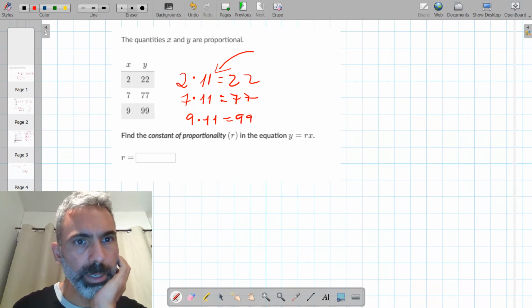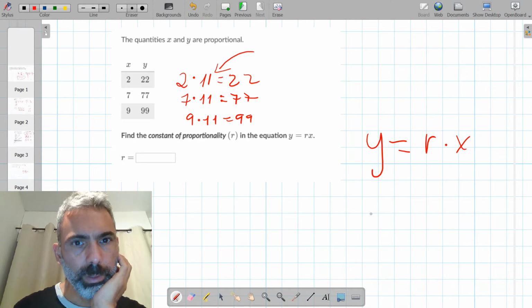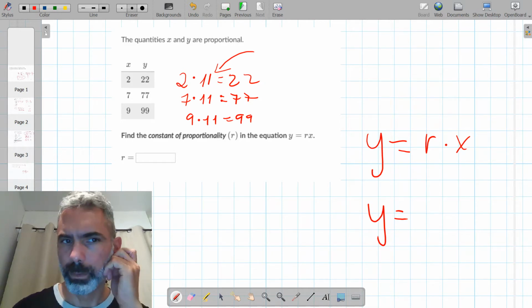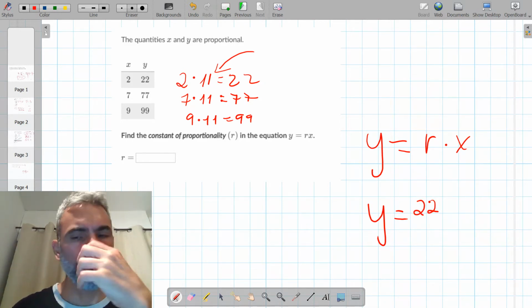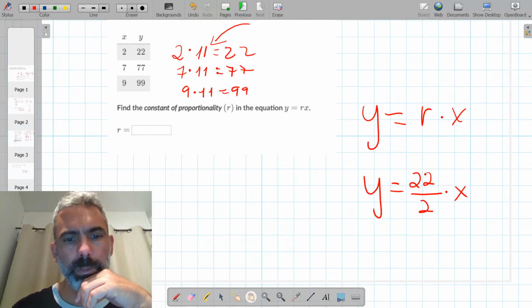Find the constant of proportionality R in the equation y equals R times x. So y equals 11 times x.